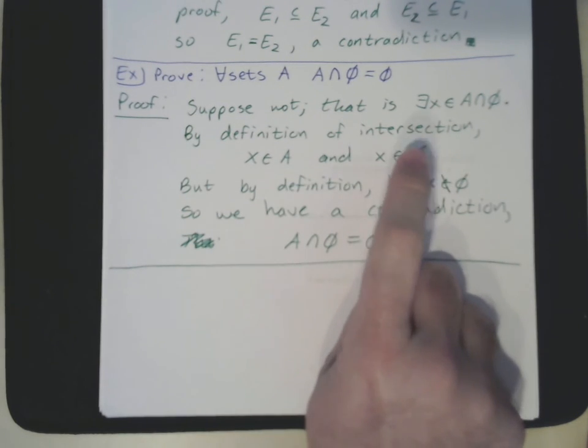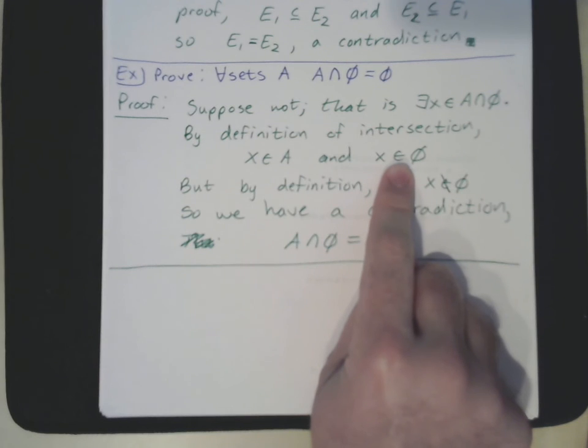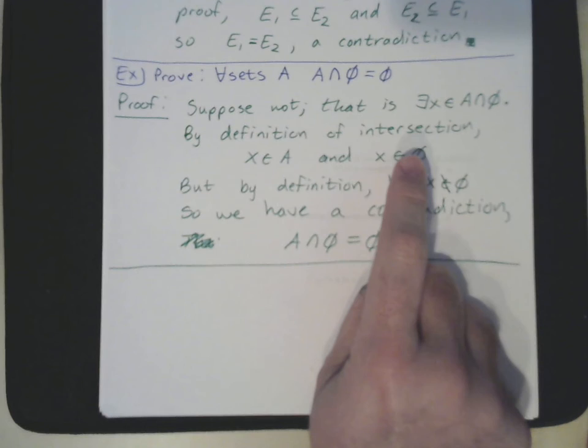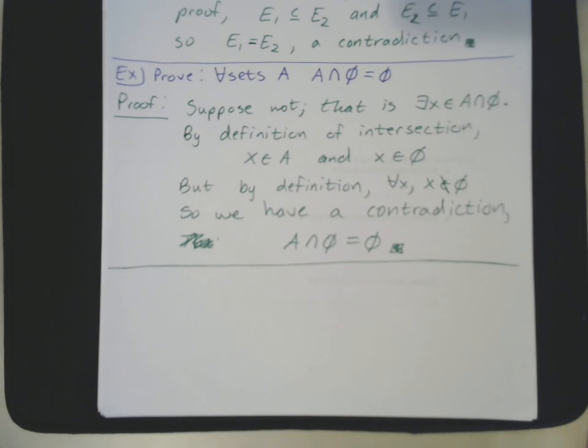As soon as you get that statement in any proof, that's a contradiction. If you're doing it by contradiction, great. If you're doing something directly and you end up with this, you've probably gone wrong somewhere and you want to take a look at where that is.